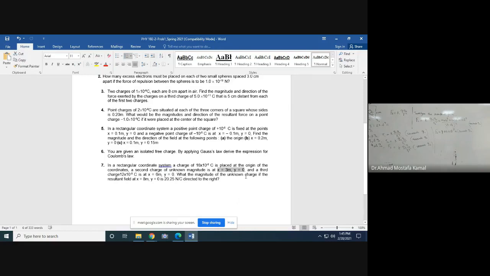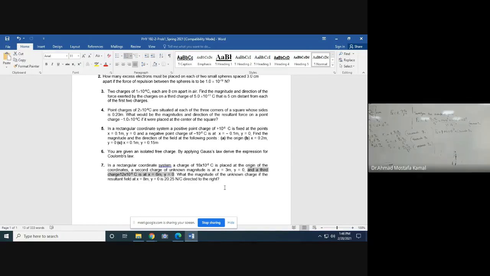And a third charge is 12 into the power, it is Q3 at x equal to 6, y equal to 0. Now go to x equal to 6, y equal to 0 and write Q3 here. Q3 is given, Q1 is given, Q2 is not given. Okay, were you able to show x equal to 6, y equal to 0 in your figure?